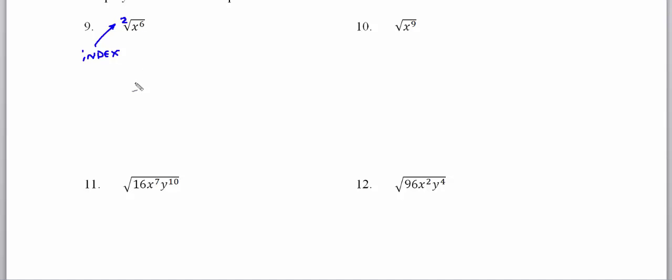out. Now there's a property that I should write down, that if I have an index I'll call n, and then the x is raised to some power of m, well then this would give me a fractional power of inside over out, or inside over index. Now what I can do is then rewrite my problem here as x to the 6 halves.